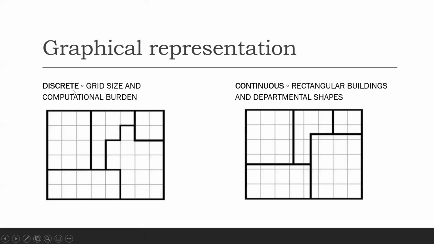So, ayan. So, in graphical representation, it can be discrete or continuous. Pag naman discrete, ganito po ang itsura. And then, so grid size and computational burden, yan po. Pero with the help of a system, medyo madali na to. Unlike ito na, for example, ang daling malaman yung area. Ito, medyo complex yung area na malaman. Okay?